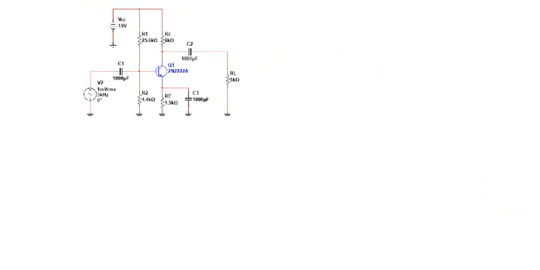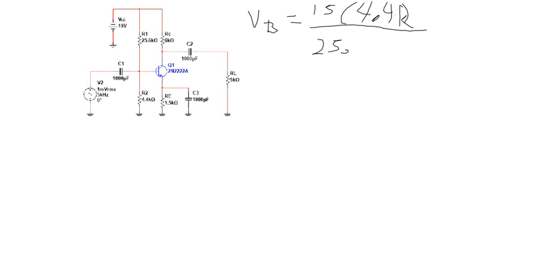All right, if you go through the voltage divider, R1 and R2, remember the voltage divider formula was, and this is going to be VB, it's going to be the supply voltage, 15 volts, times the bottom resistor over both resistors added together, and that's 2.6... and there's a K there I left out, 5.6K plus 4.4K.